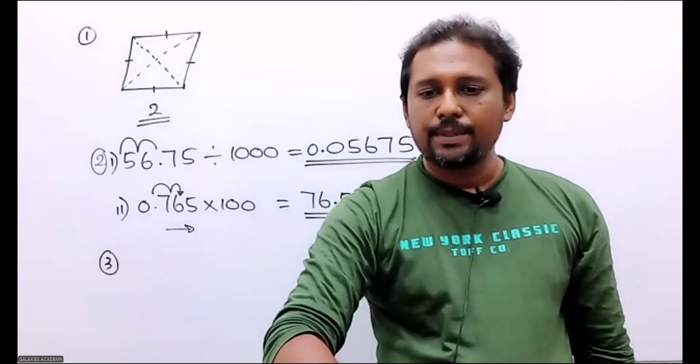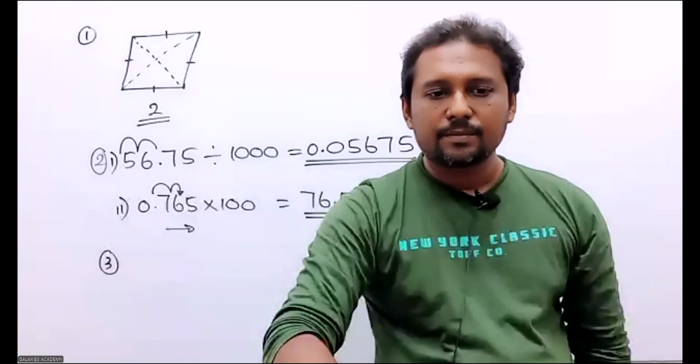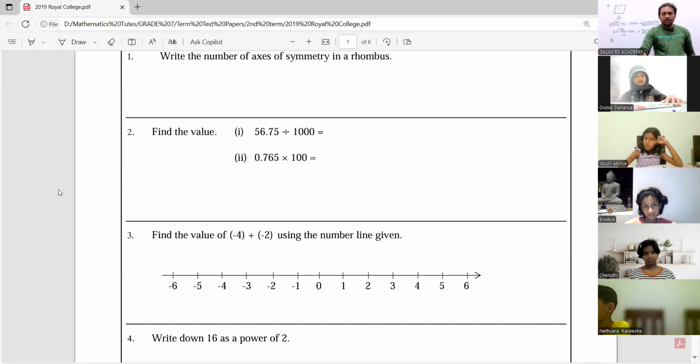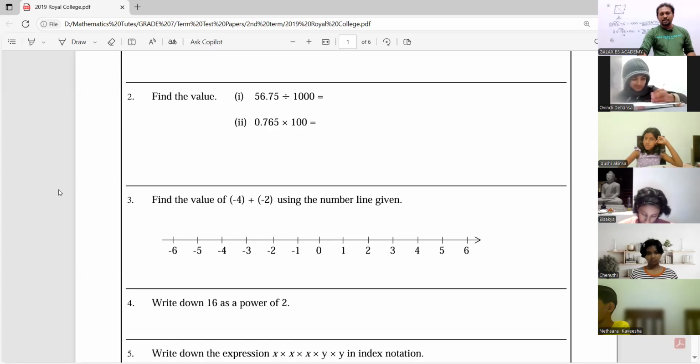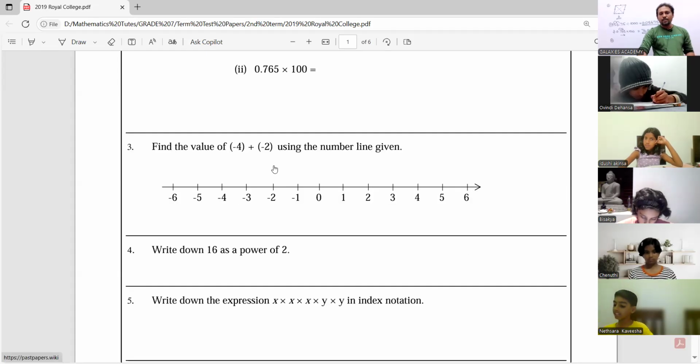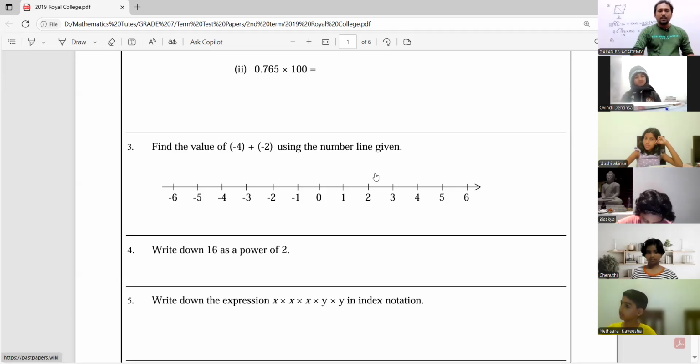Right. Then next one, look at number 3. The third one given: -4 plus -2 using the number line. You have to find the value. You have to start this journey from 0. The first directed number is -4, no?